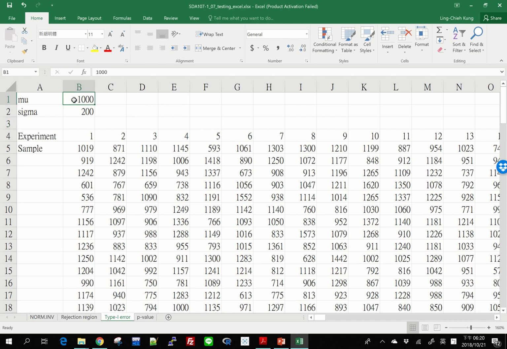So let's see what this is. I still have these numbers. My population is a distribution where mu is 1000 and sigma is 200. To make the experiment easier, I'm going to assume that the population is also normal. Then I'm going to do a lot of experiments, or you can say I'm going to collect a lot of samples.